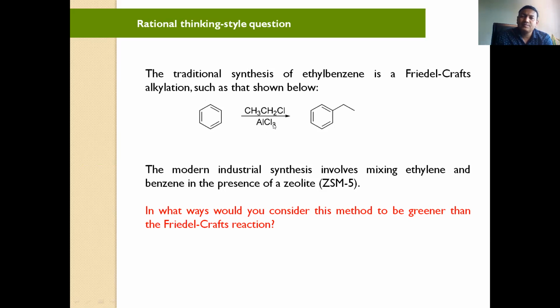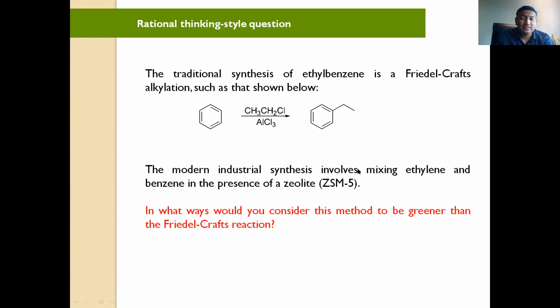Then there will be a catalyst, which is actually a Lewis acid, aluminum trichloride, and using this aluminum trichloride we can prepare this alkyl type of product, the Friedel-Crafts product, right? Like toluene, this is ethylbenzene. The modern industrial synthesis involves mixing ethylene and benzene in the presence of zeolite.